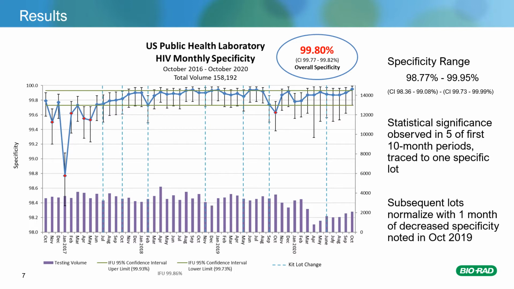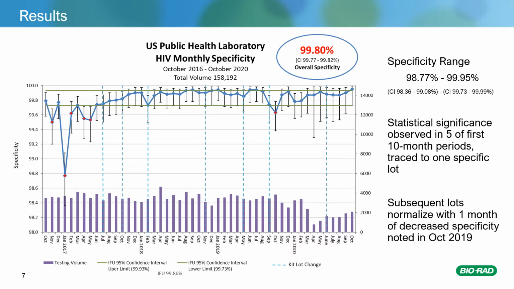The stated confidence intervals are 99.73 to 99.93 and are noted by the green bars toward the top of the graph. Individual monthly specificity results range from 98.77 to 99.95%, and the confidence intervals are noted by the whisker-style plots in black.